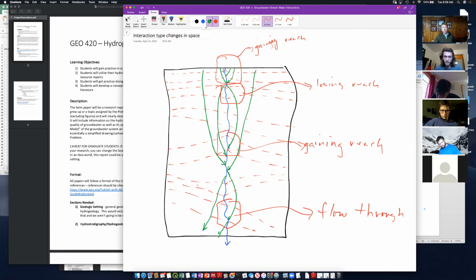There are some other interesting features here. This flow path right here originates in the stream, comes out into the alluvial aquifer, and discharges back into the stream.